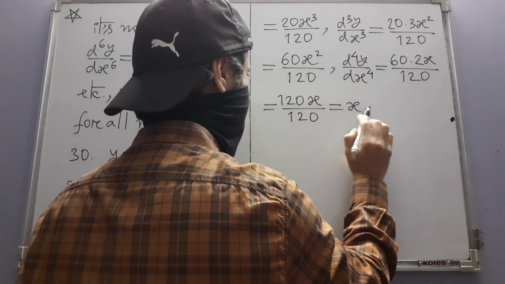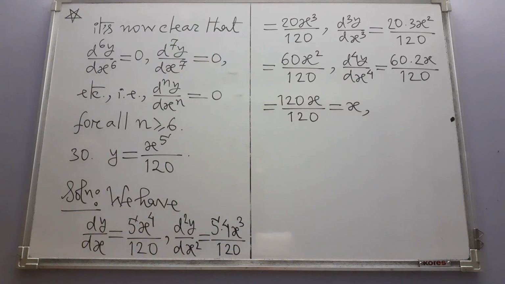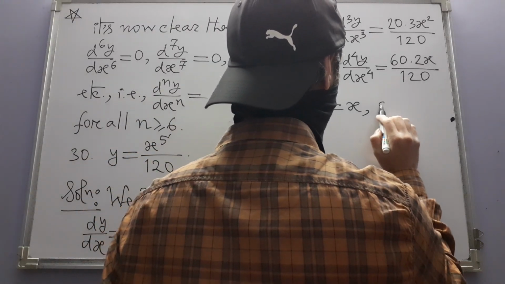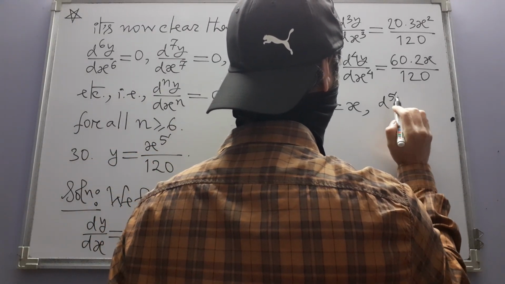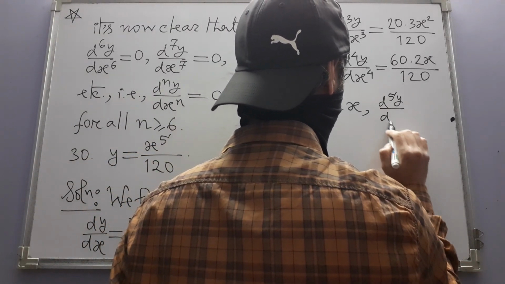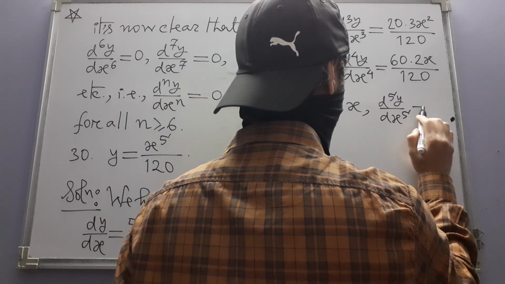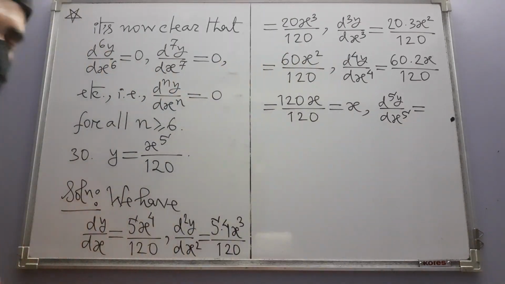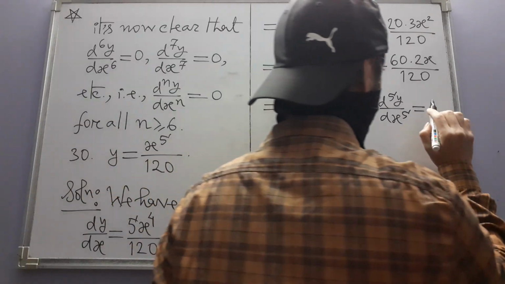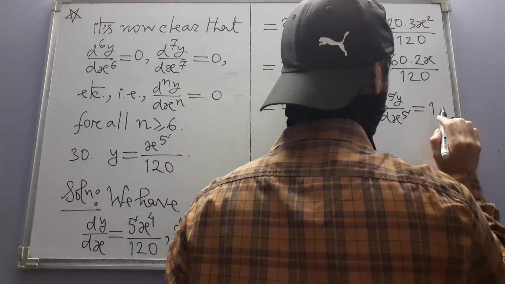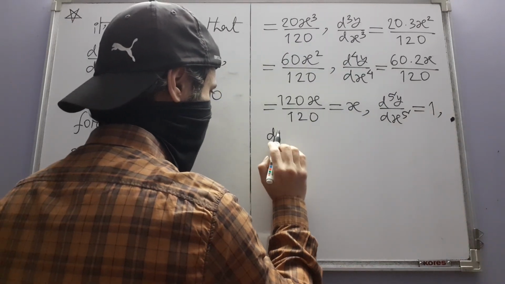So this becomes x. All right. And then the 5th derivative is just obtained by differentiating x with respect to x, so that gives us 1. And the very next derivative is 0.